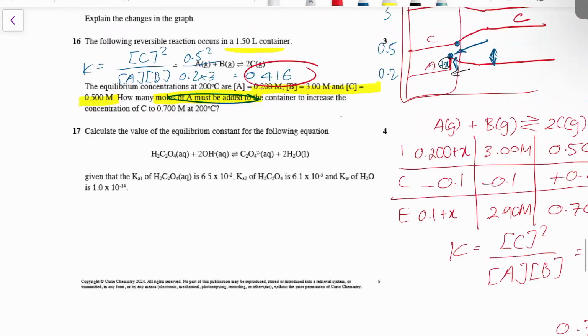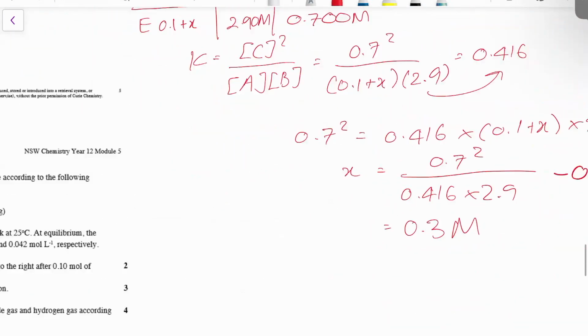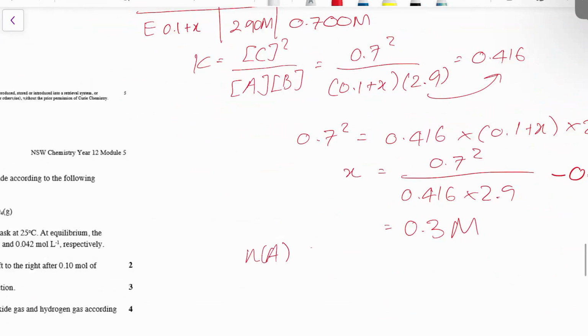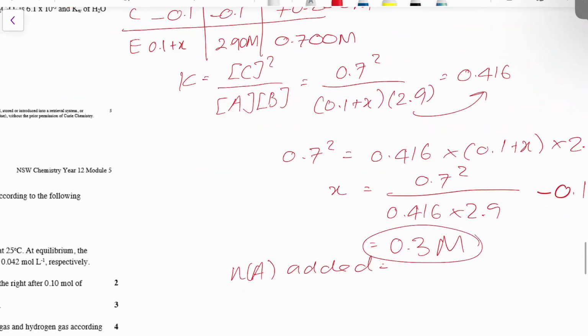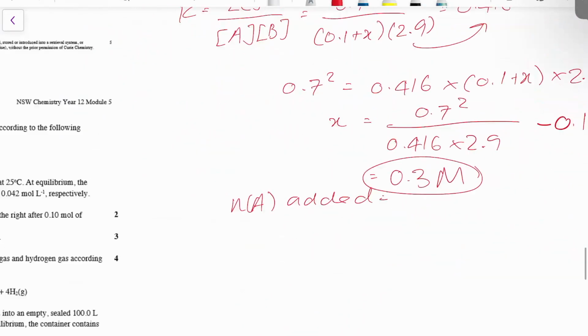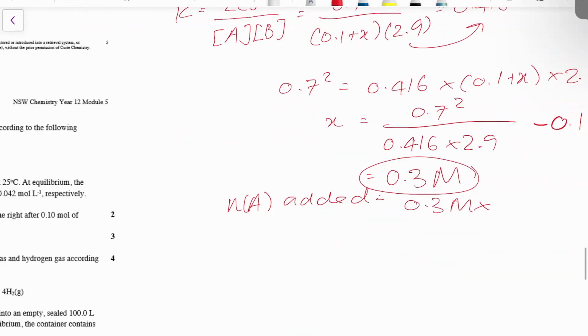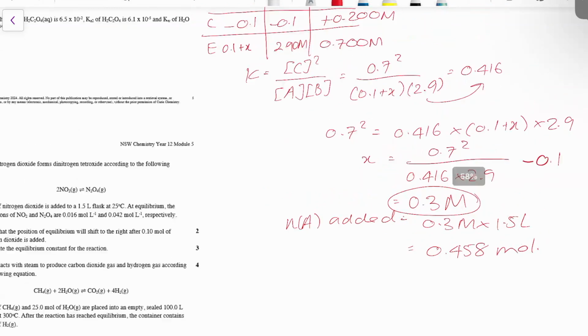So moles of A added is going to be the change that you added in terms of concentration, 0.3 molar, times the 1.5 liters. So how many moles did we add? 0.458 moles.